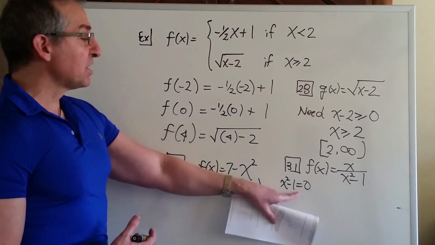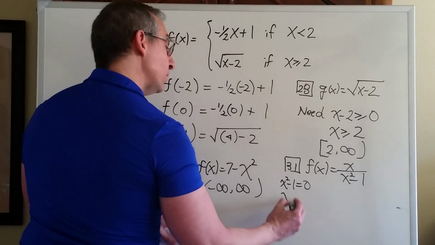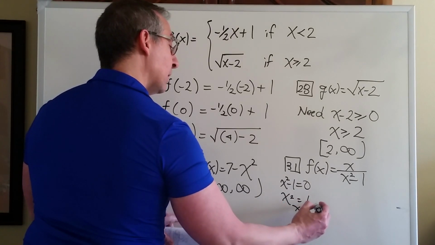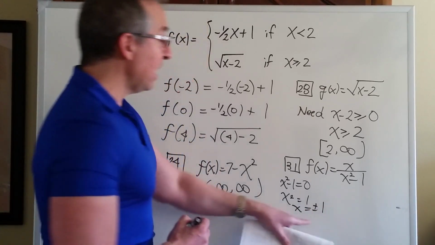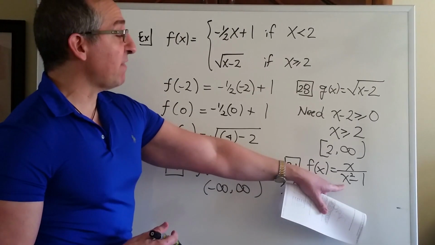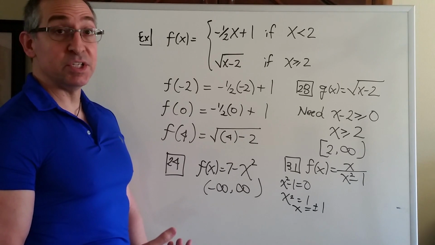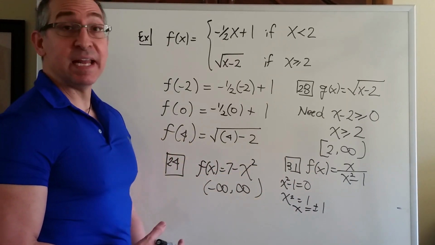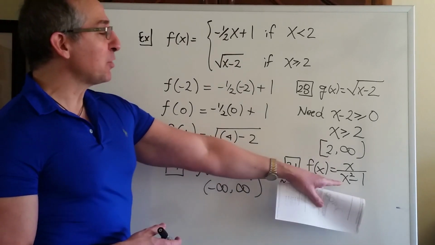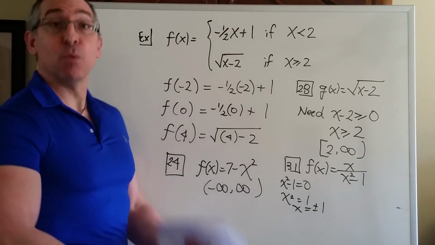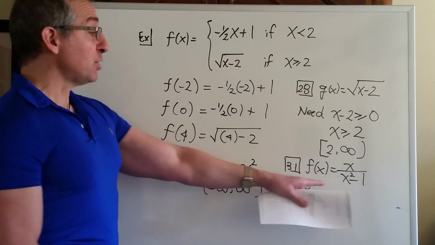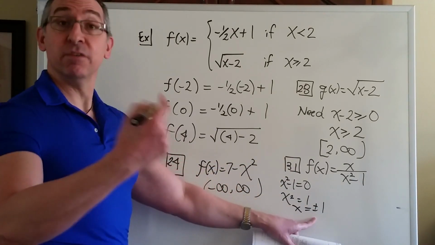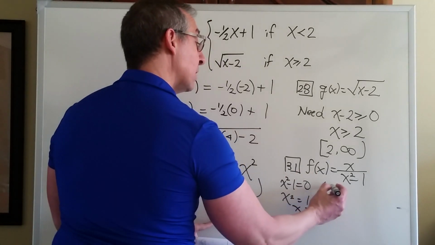Solve this equation. So what that tells me, gang, is that the values of x that are going to make the denominator equal to 0, and therefore the whole fraction undefined, are 1 and -1. That's it, though. Any other number you can plug into this and it's going to work. You'll always get a real number back, okay? So the domain for this is all real numbers except these two. In interval notation, it's going to look like this.